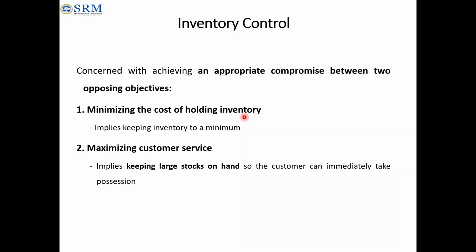The second objective, remember these are two opposing objectives, is maximizing the customer service. How can we maximize the customer's service? Multiple ways are there. Another important way is keeping a large stock on hand, so the customer can immediately take the required components.